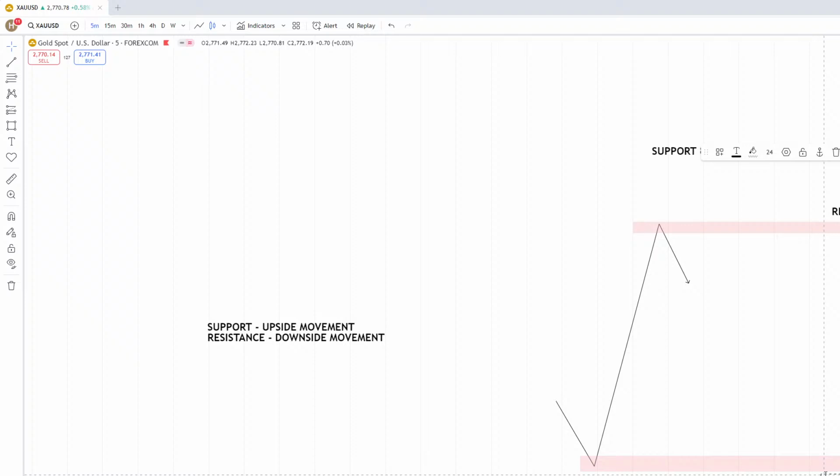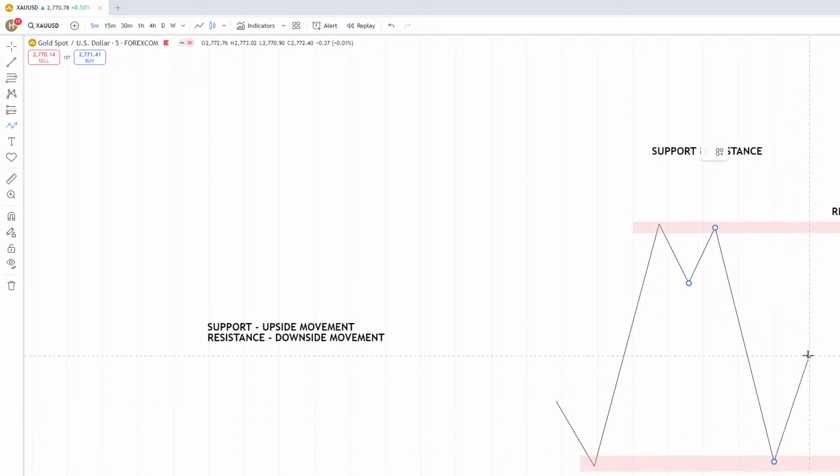So when you mark out your high and your low in the market, what you look out for is price to react off of your resistance or your support. Anytime price touches your support, you expect upside movement. Anytime price touches your resistance, you expect what we call downside movement.